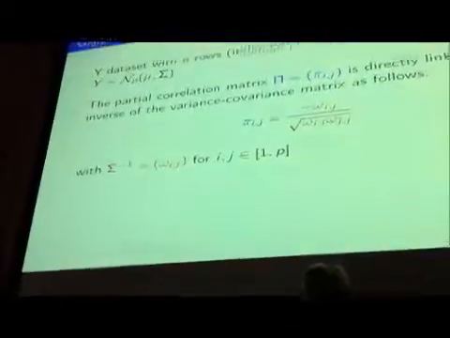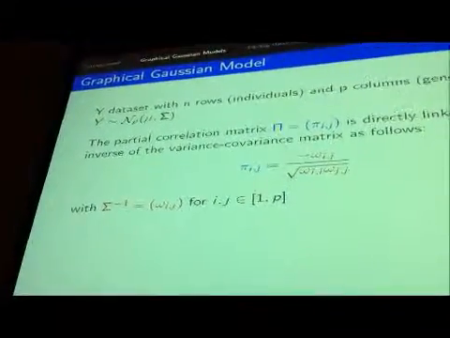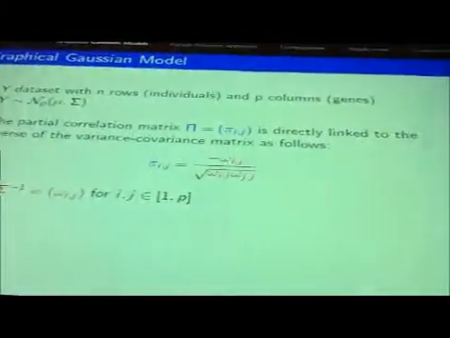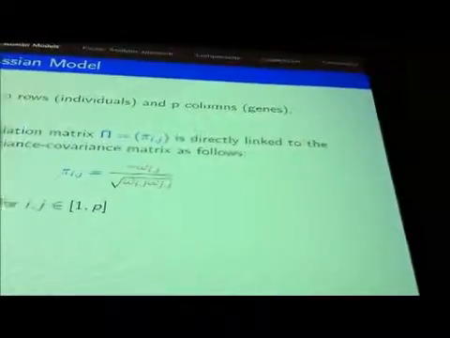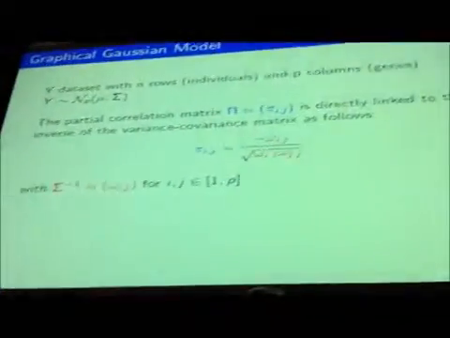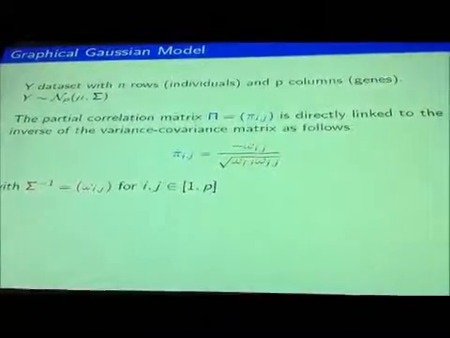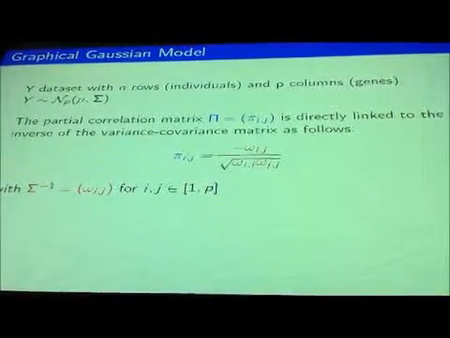In this model, we suppose that Y, the dataset with n individuals and p genes, follows a multivariate normal distribution, and it can be shown that the partial correlation is directly linked to the inverse of the variance-covariance matrix, as follows.